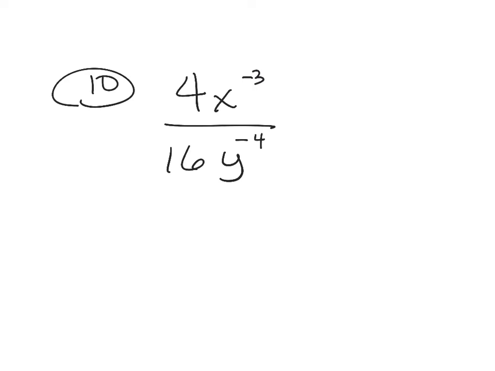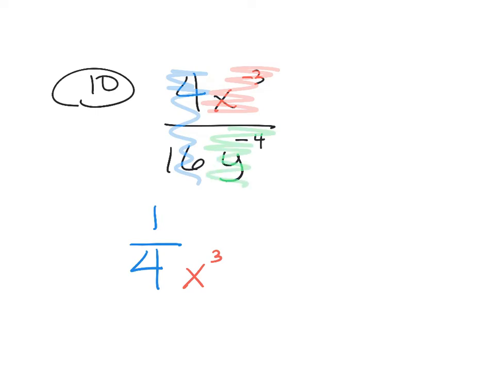So I can also simplify the 4/16. My 4 over 16 is going to simplify to 1/4. To make my x exponent positive, I'm going to write it in the denominator. To make my y exponent positive, I'm going to move it to the top.